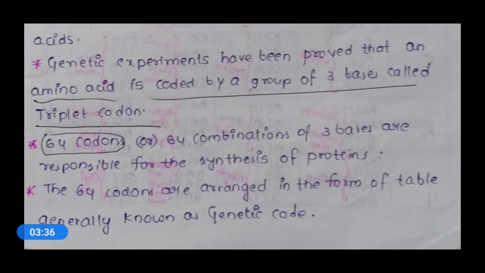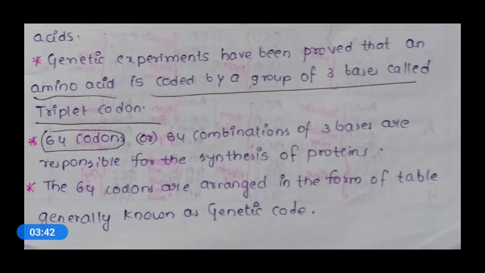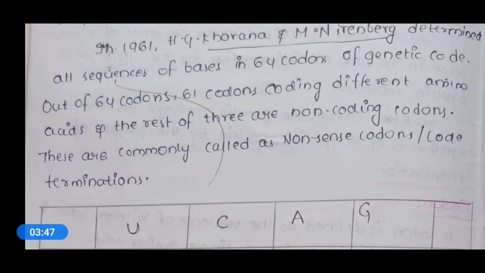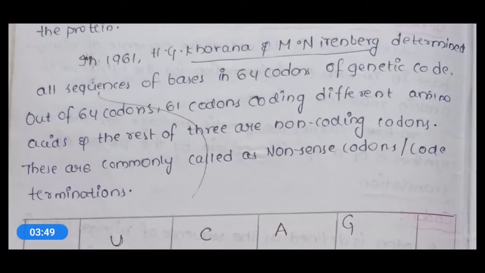So there is an initiation codon, and at the same time termination codons. The scientists H.G. Khorana and M. Nirenberg are the 2 scientists who developed this genetic code in the year 1961.